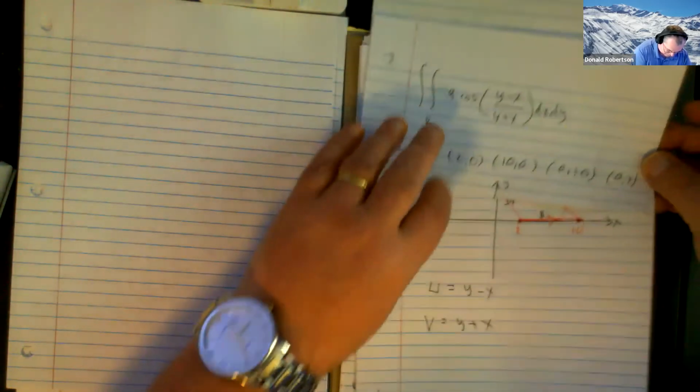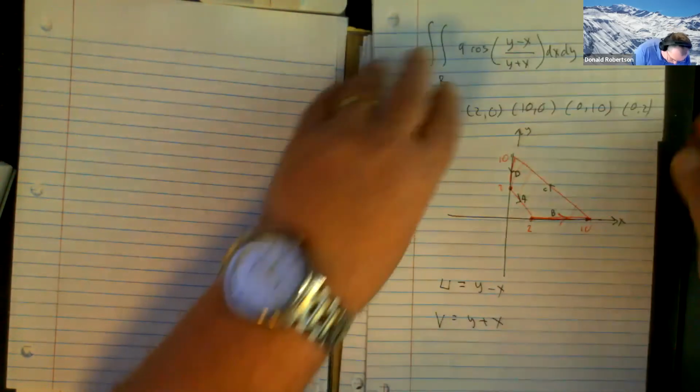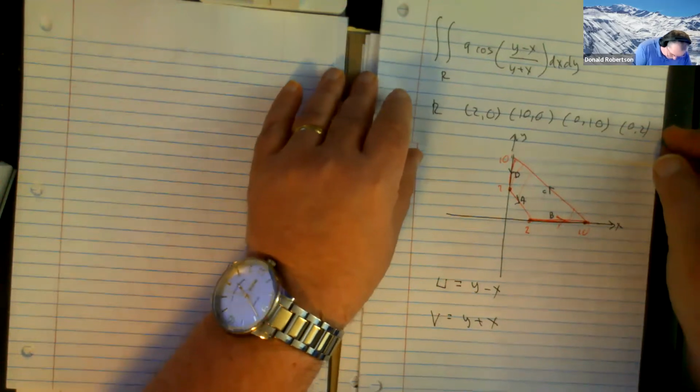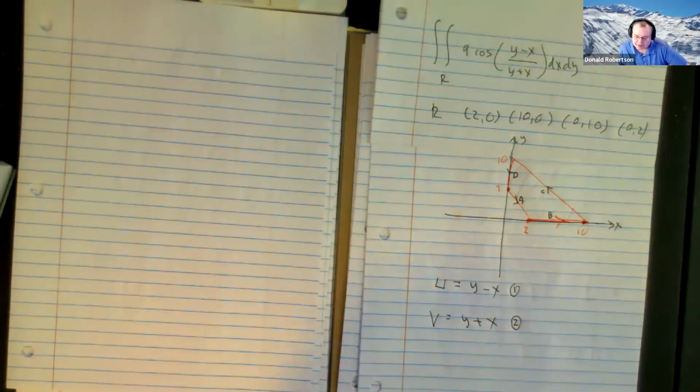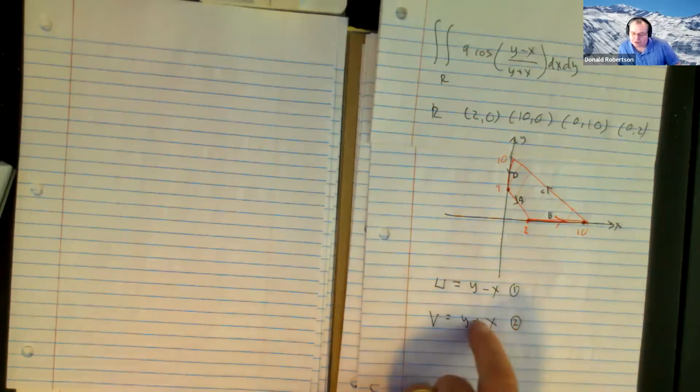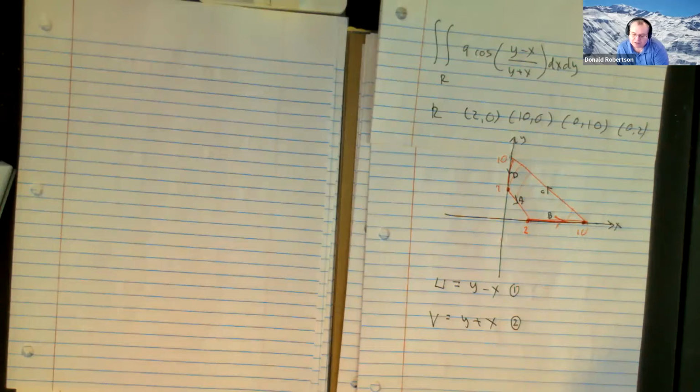Now that I've realized I have a little bit more work than I thought, I'm going to take equation 1 and equation 2, and work with them to see if we can get x and y in terms of u and v. Looking at these two equations, do you think dividing them or adding them?